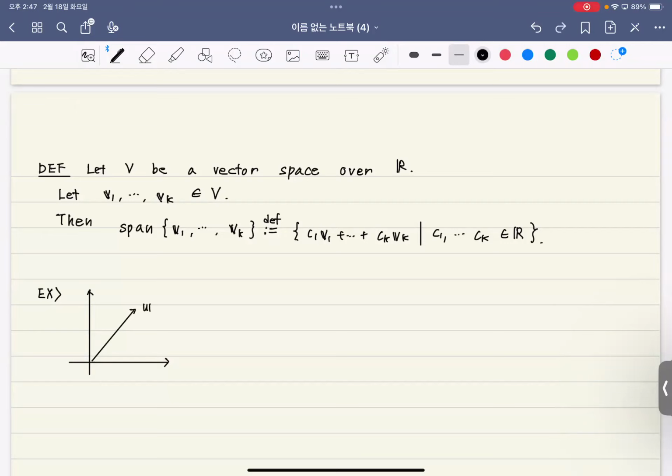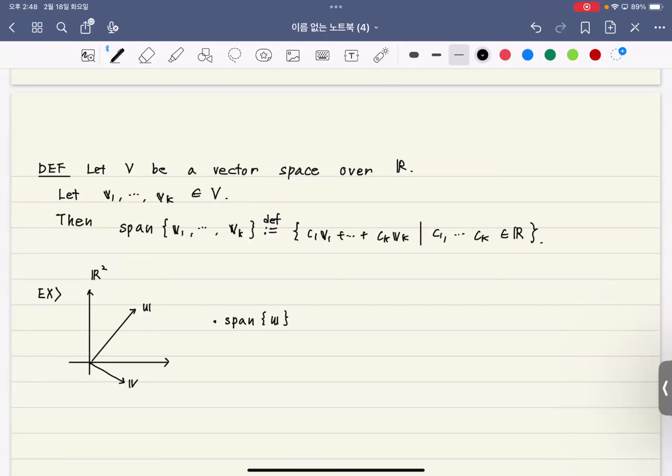Suppose that I have these two vectors, u and v, which are two-dimensional. So the ambient space is a two-dimensional Euclidean space. In this case, what is the span of u? Well, the span of a single vector. What is a linear combination of a single vector?